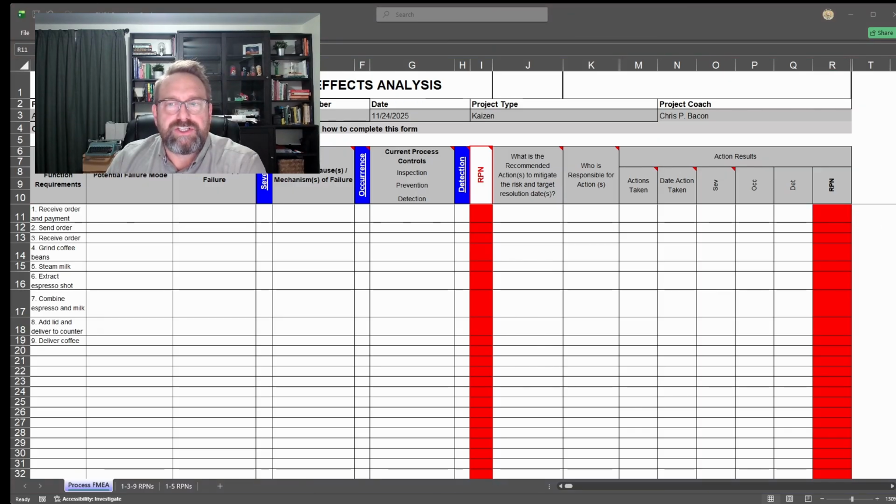So from this sheet, you can easily identify the most concerning failure modes in the process and quantify the improvements the team has taken in terms of reducing those impacts.